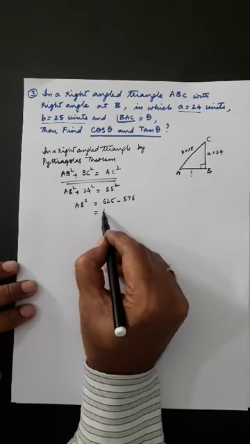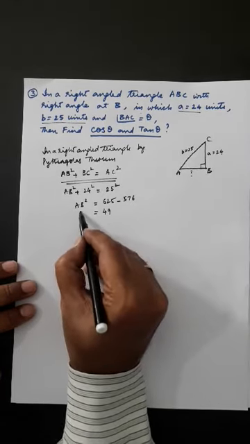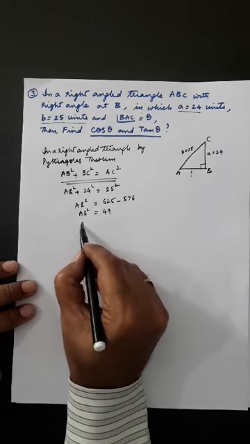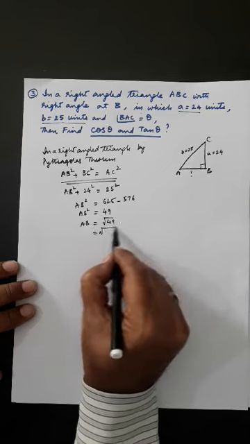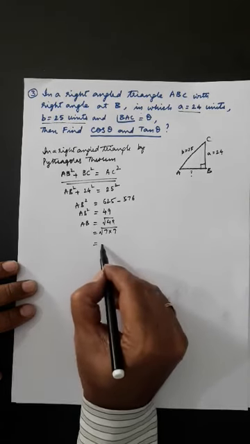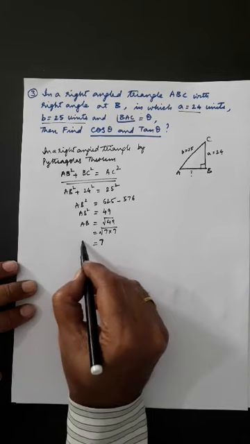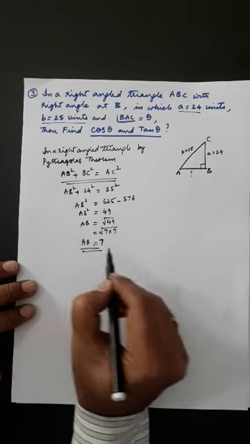If you subtract, we get 49. So AB square is equal to 49. AB equals root of 49, which is 7 into 7, so AB equals 7.